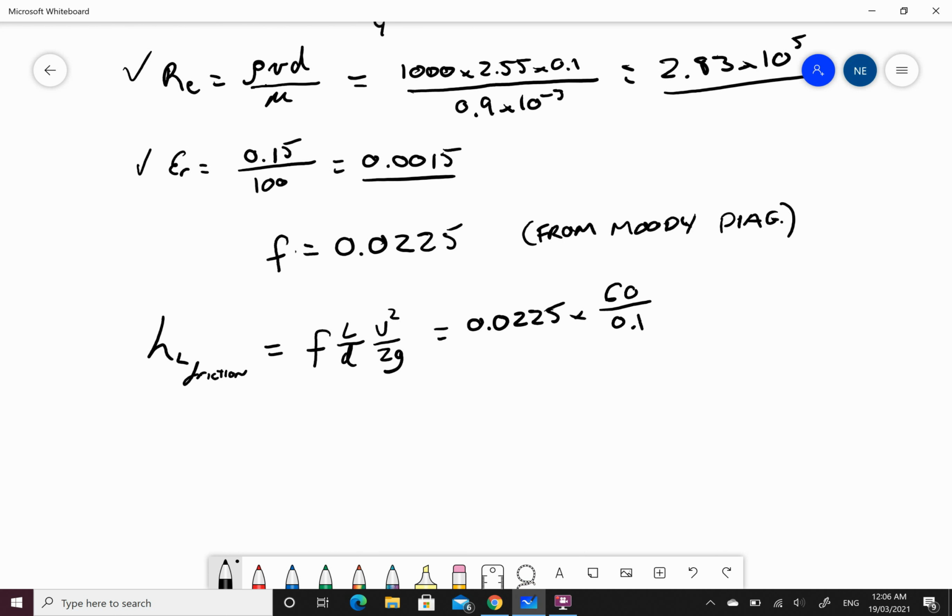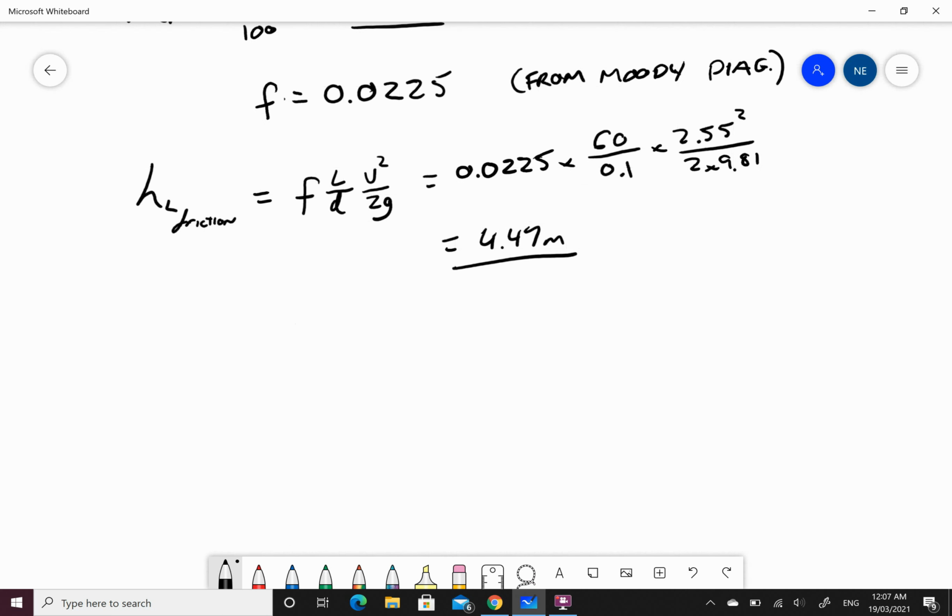Over 0.1, times 2.55 squared. And what do we end up with? 4.47 meters of head loss. Funny fact, it's what we got before. They're the exact same numbers.